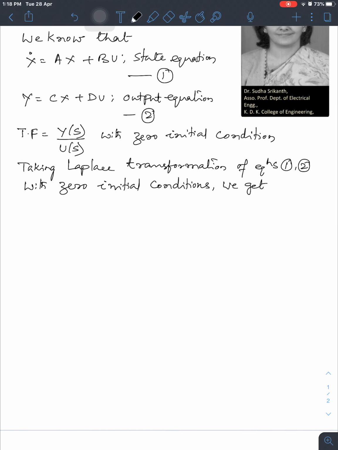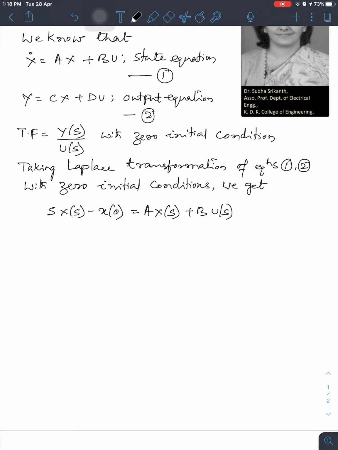Laplace transformation of x dot is s into X of s minus x of 0 equal to A into X of s plus B into U of s. We have taken the Laplace transformation.